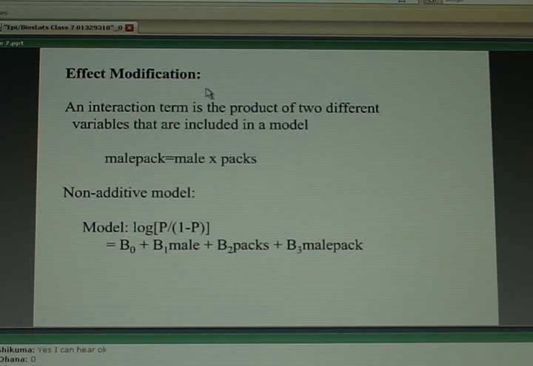And we'll pick this up next week and show how including this interaction term in a model allows us to have different effects of smoking for different gender categories. So this is where we'll pick up next week when we talk about effect modification.